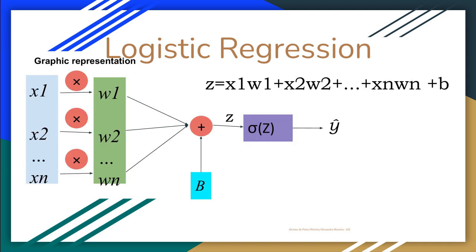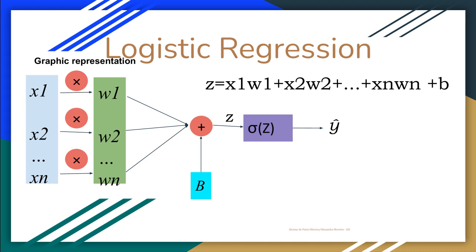We can view the calculation of logistic regression as a flow. We have the input attributes, which can be seen as a sequence of values x1, x2 up to xn. These values are multiplied by their respective weights w1, w2 up to wn. The results of the multiplication are summed, along with a bias value, generating a value, z.